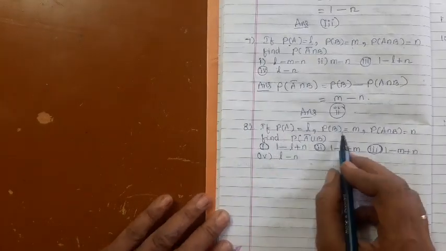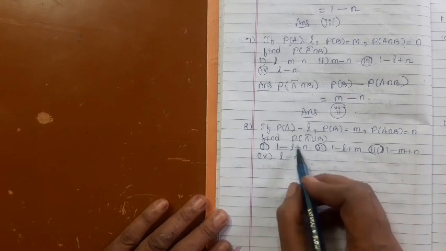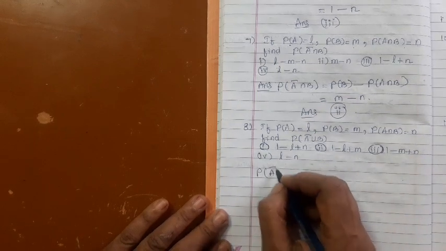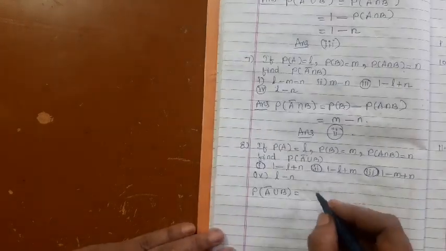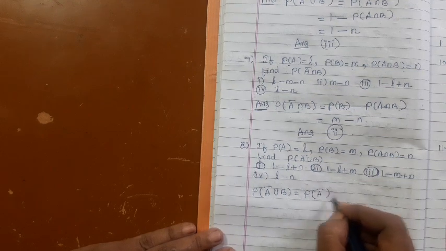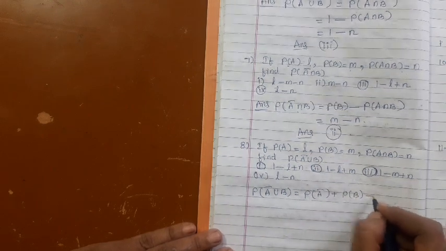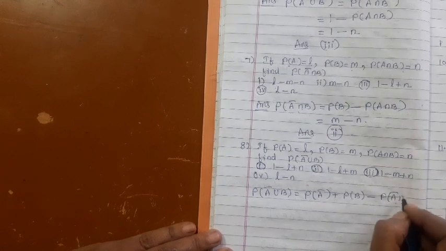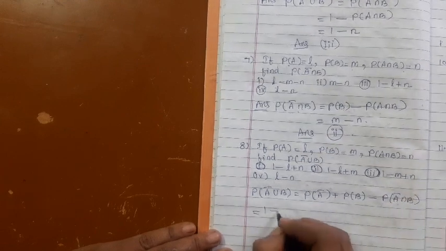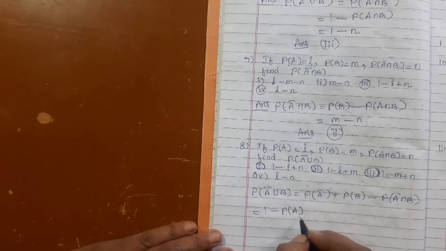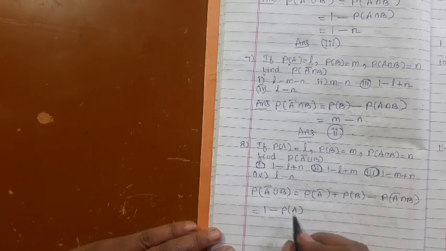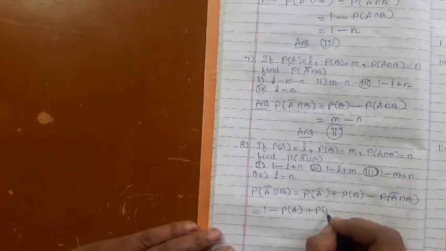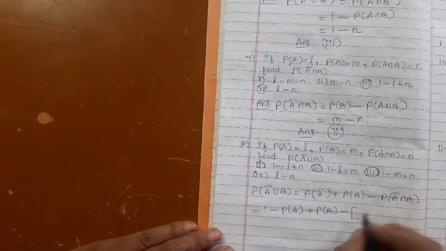I have given probability of A, B and probability of A intersection B. I want probability of A bar union B. Listen carefully, it is not intersection. For intersection you have a formula. For union, what should we do? You write probability of A bar plus probability of B minus probability of A bar intersection B. Probability of A bar is 1 minus P of A, because you should bring everything in terms of the given terms. So 1 minus P of A plus P of B minus, what is this?